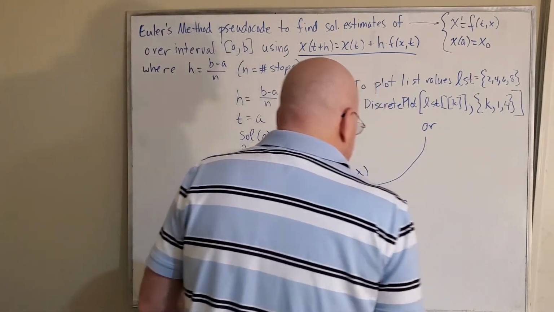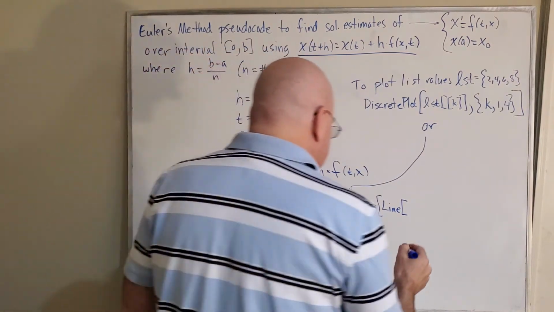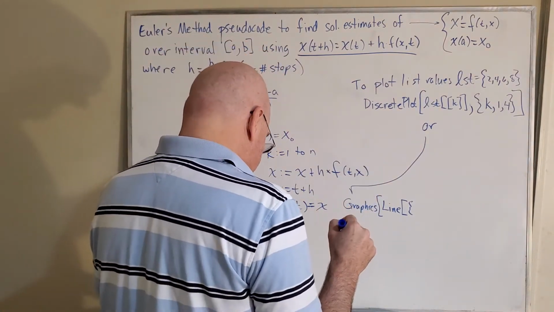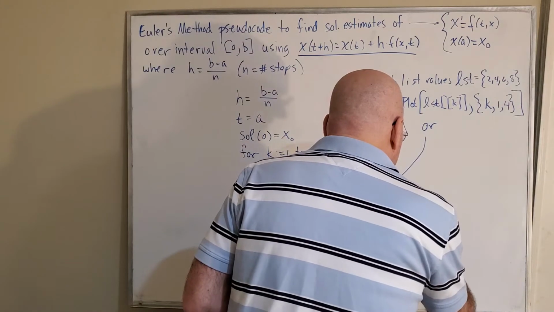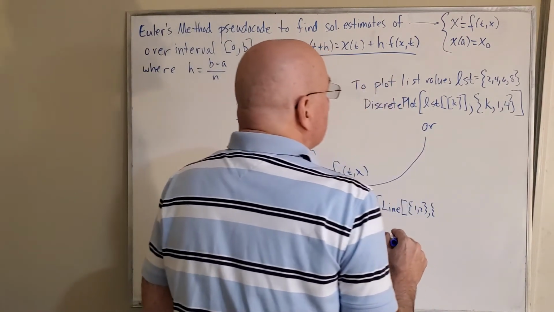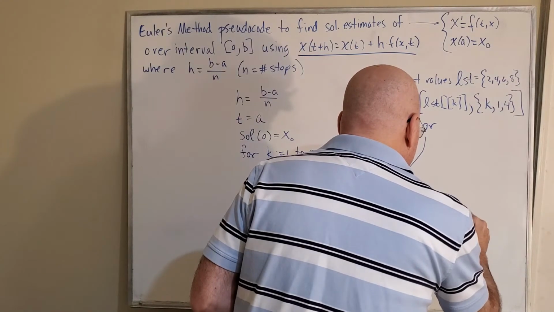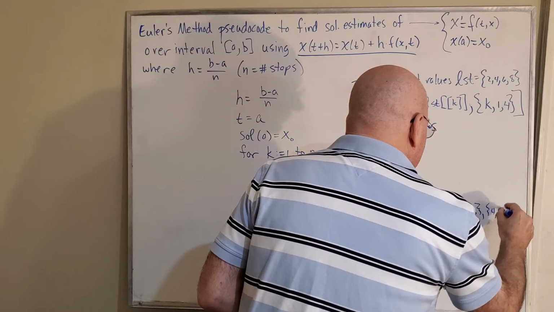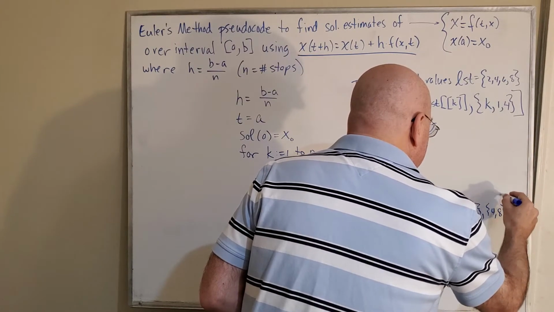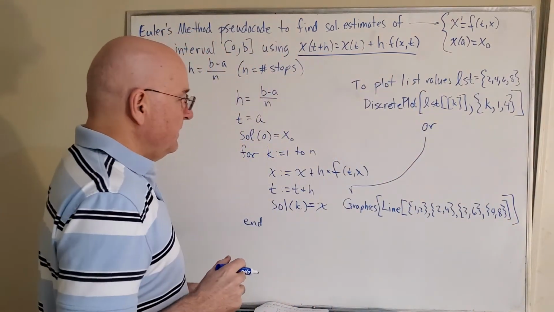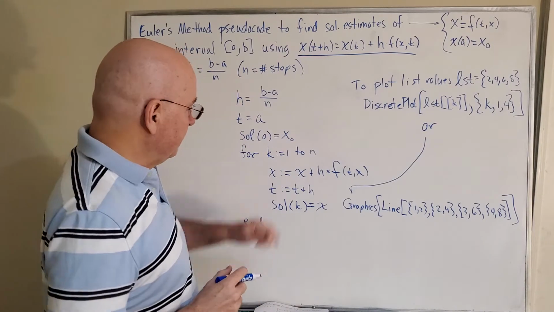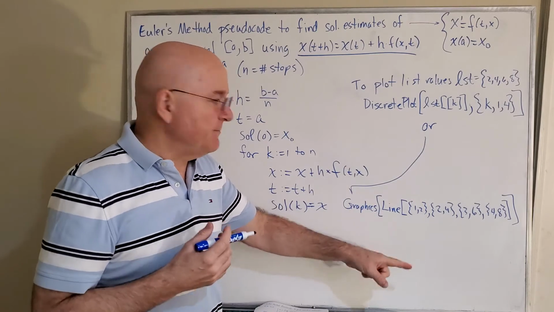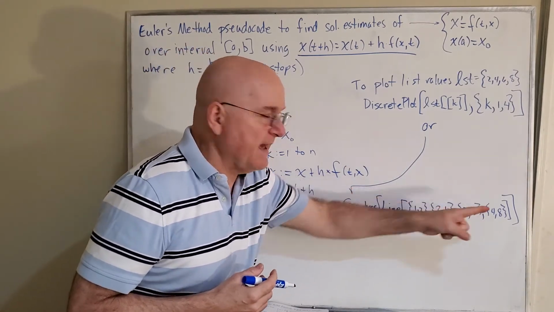And Line is a function that takes a list, and maybe I'll pick the same numbers up there if I have enough room. 1, 2, 2, 4, 3, 6, 4, 8. So this is a nice command. You can put whatever ordered pairs you want in there, and it'll come from what you determined in your program. And this will just connect with a line segment, this point to this point to this point to that point.